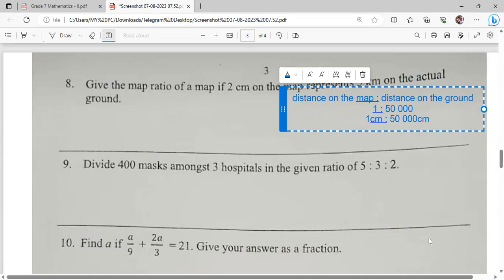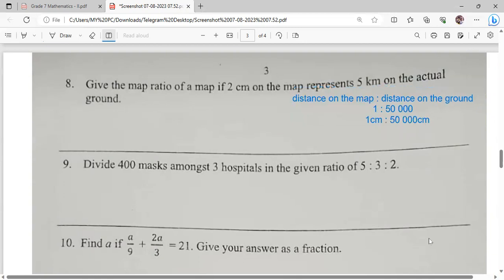First you want to identify how you write the map ratio. That is distance on the map to distance on the ground, right? If they have mentioned 1 to 50,000, what is the meaning of that, children? 1 centimeter to 50,000 centimeters, right? Normally we don't measure things on the ground using centimeters, so when we have this kind of thing, we want to do the conversion.